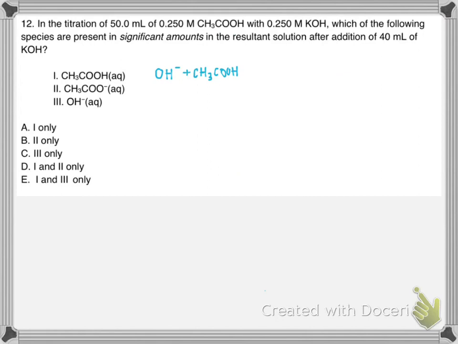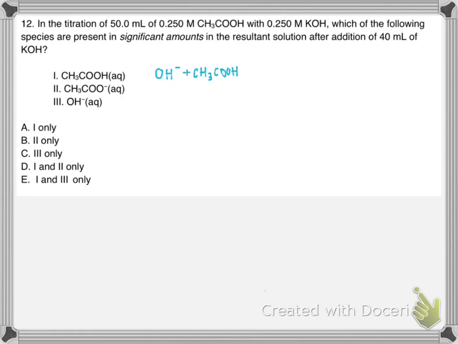Okay, so now we have this reaction between acetic acid and KOH. When I'm trying to figure out what reaction to write, I like to always start with the strong species. So I have the hydroxide from the potassium hydroxide, and I have that weak acid with it.